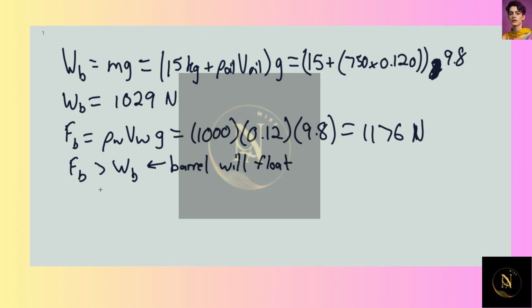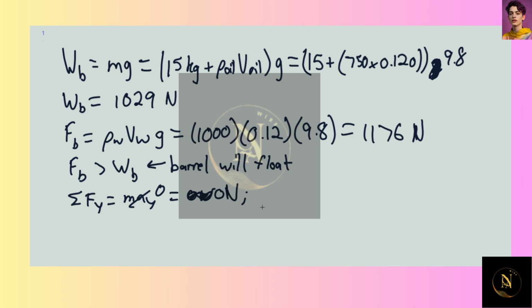And then it's saying, if it's going to float, what percentage of the barrel's volume will be above the water? At rest, this barrel is not moving, so the sum of forces in the y direction must equal 0 newtons.